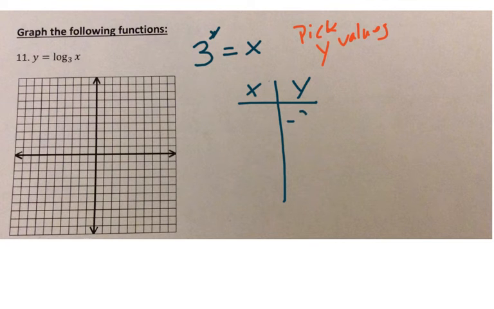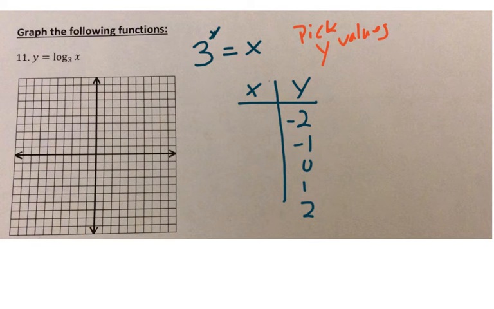Remember, we always pick these -2, -1, 0, 1, and 2. Now, I'll tell you that most of the time, this is going to be too small to graph, and sometimes even the next one. But if you can graph it, go for it.